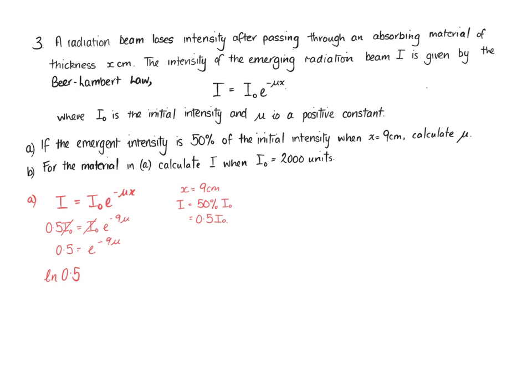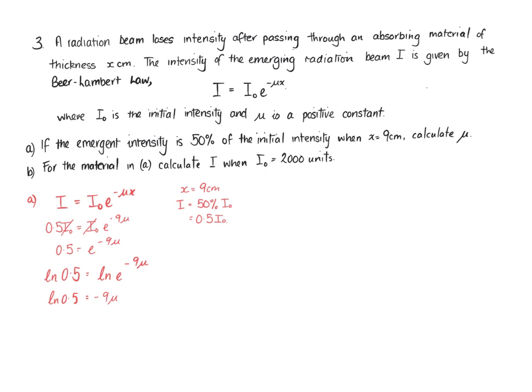So we get natural log of 0.5 is equal to the natural log of e to the negative 9 mu. Then we can take that negative 9 mu down the front, and the natural log of e is just 1, so that vanishes as well. And we get the log of 0.5 on the other side still.